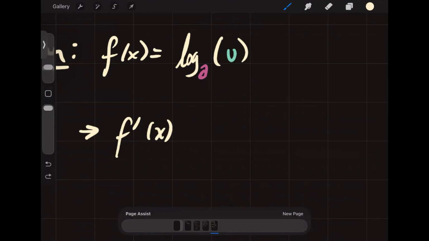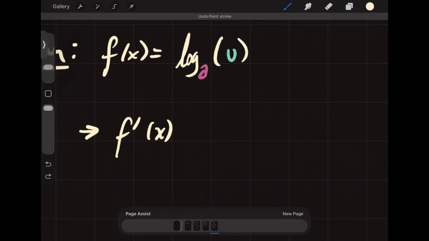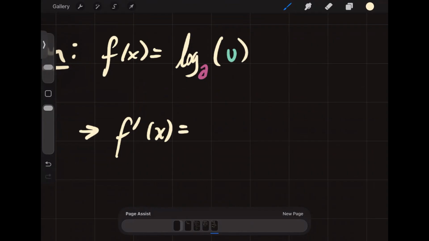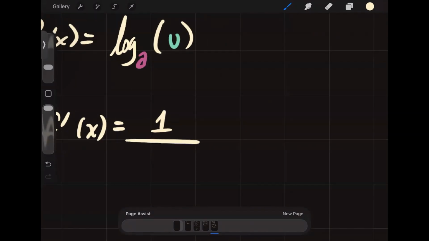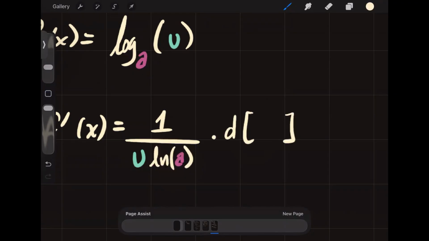You just tell me that the derivative is equal to the original function. That's just not necessarily true. Okay? It is equal to 1 over u ln a times the derivative of u.